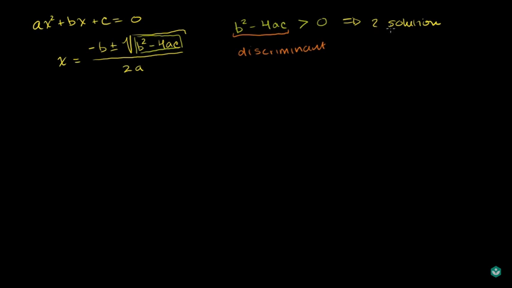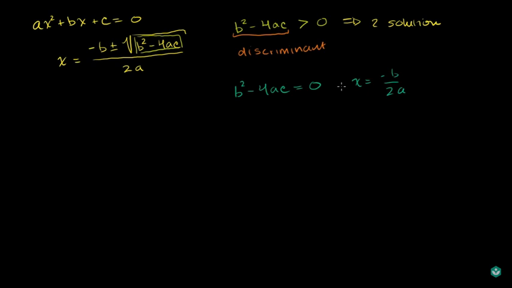You'll have two solutions. Now, what happens if b squared minus 4ac is equal to 0? If you take b squared minus 4 times a times c, and that's equal to 0, that tells us that this part of the quadratic formula is going to be 0. And the square root of 0 is just 0. Then your only solution is going to be x equal to negative b over 2a.